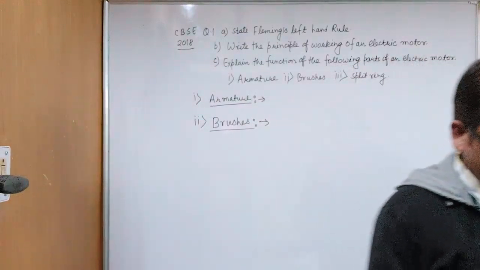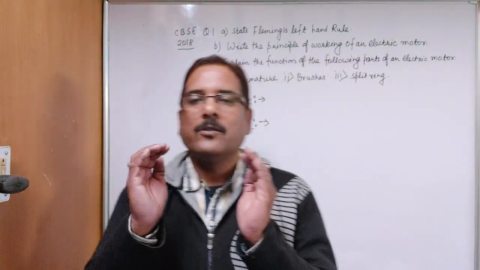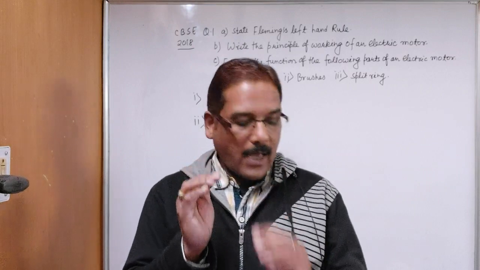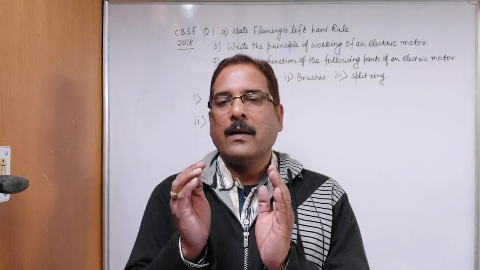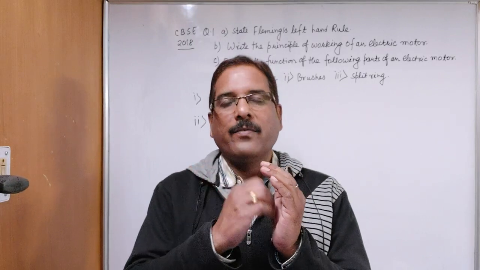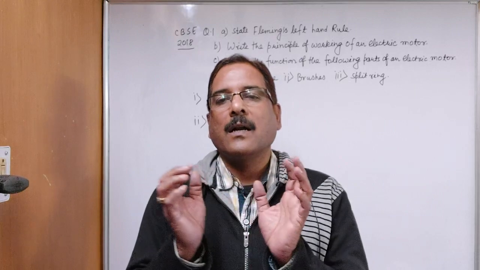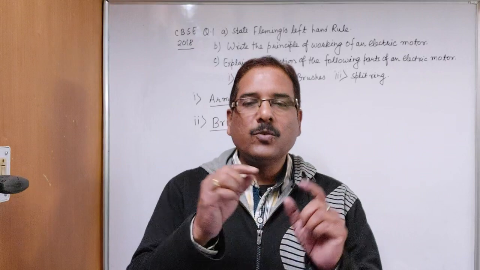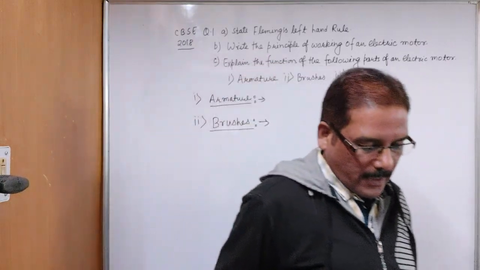So as we have discussed in motor, there are two half rings known as split rings, and these split rings are insulated from inside, but the outer surface is the conducting one, and they are connected with two stationary carbon brushes.